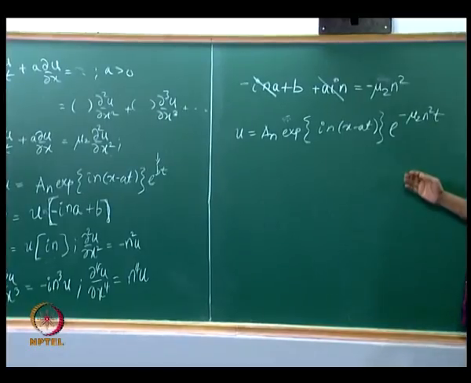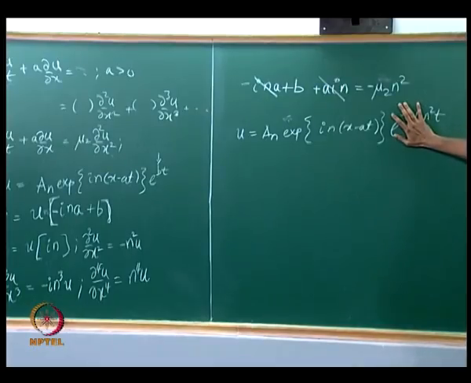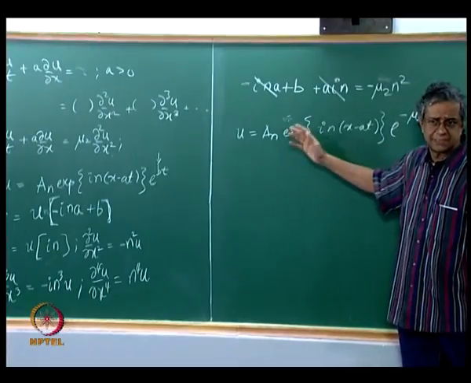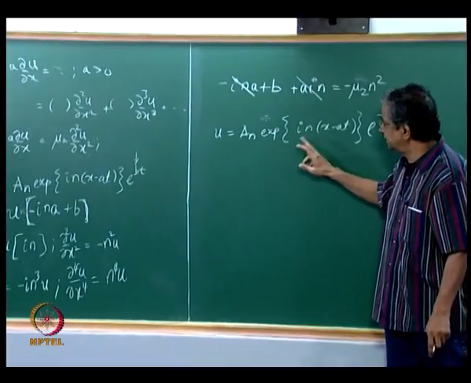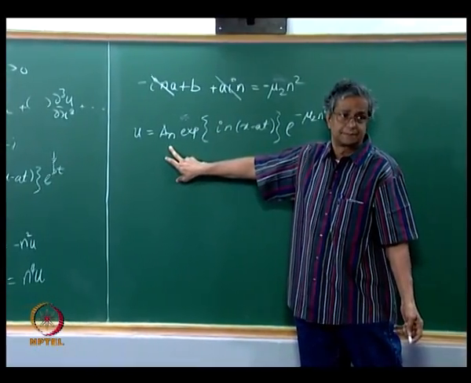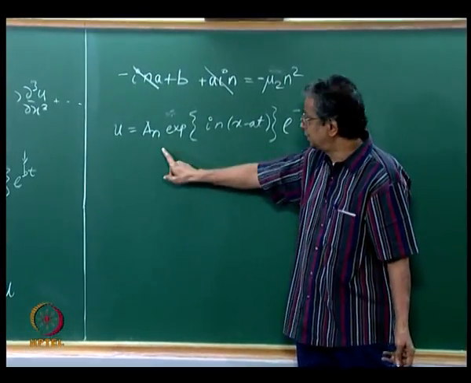So what does this tell us about u? If the added terms weren't there, it is just a bunch of sines and cosines. The amplitude depends on the n, sin x, sin 2x, sin 3x, and the amplitude is a n, and the a n does not change with time, it only changes with wave number.